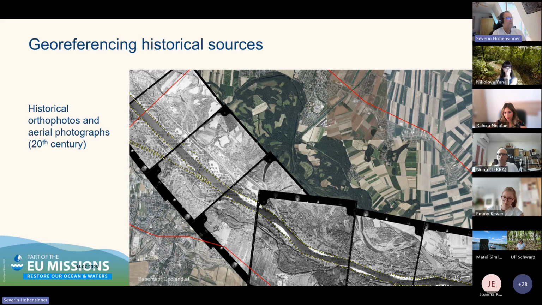It can be easily georeferenced, at least along the riverbanks, with this river kilometer system provided by Via Donau in Austria. But in the backcountry, it's more difficult because we do not have so many points like this.